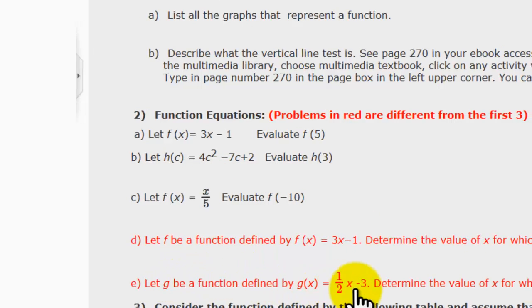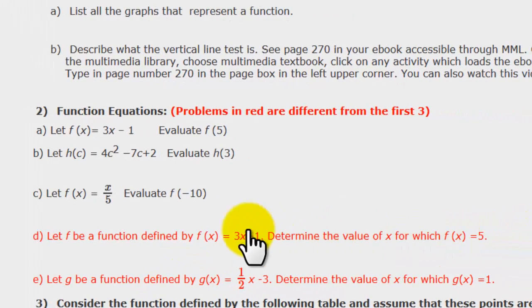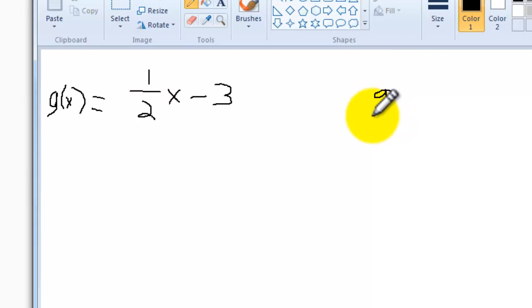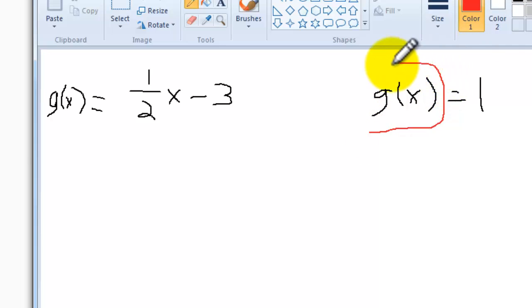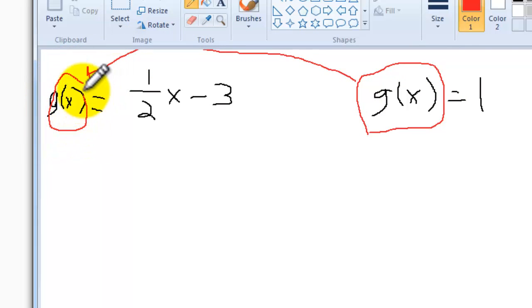Down here, this is like this one here. g of x equals 1. So remember, they're telling us the whole thing, the whole function equals 1. So we replace the 1 here.